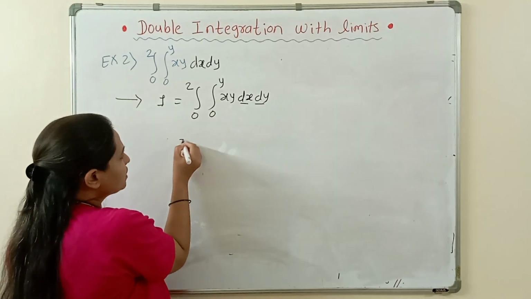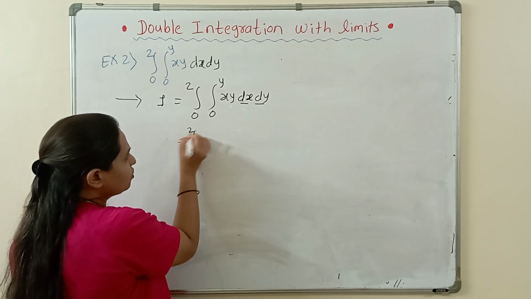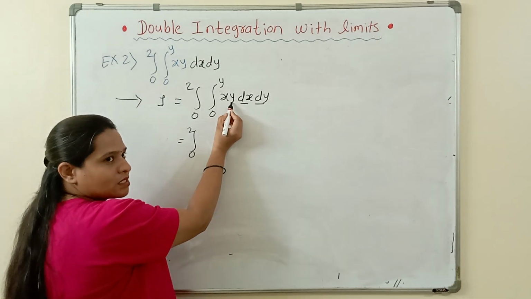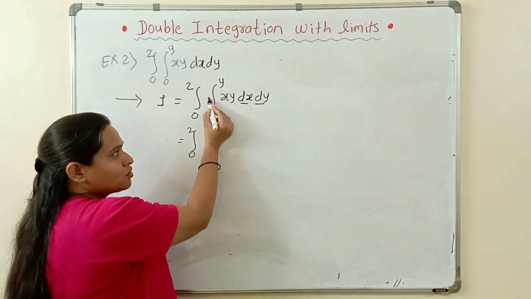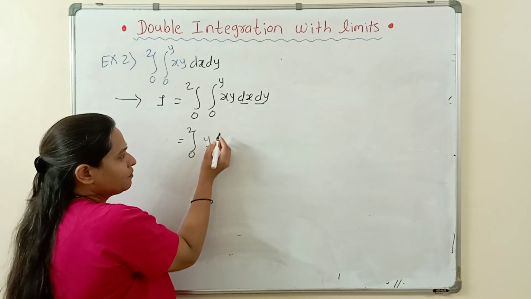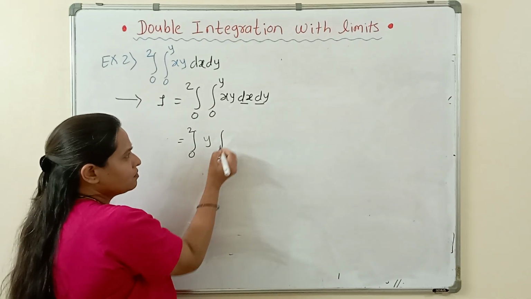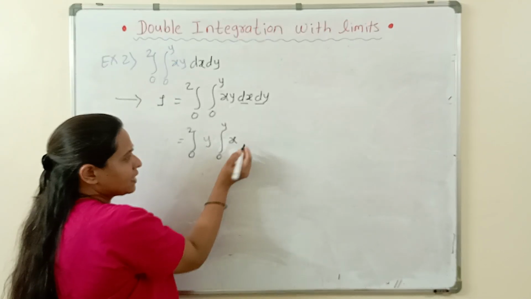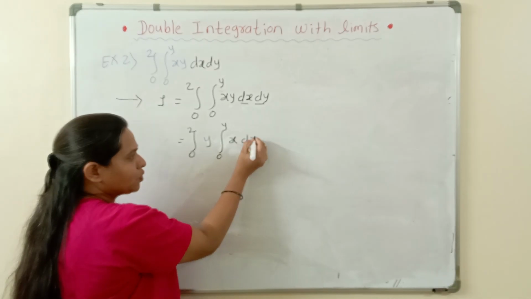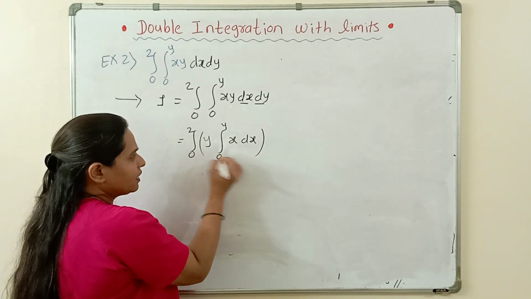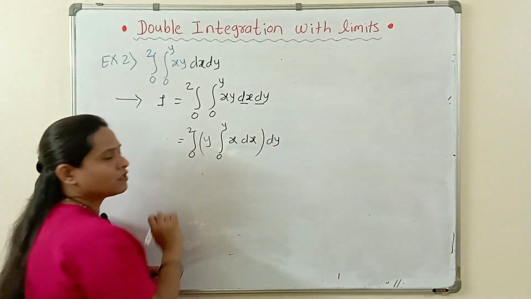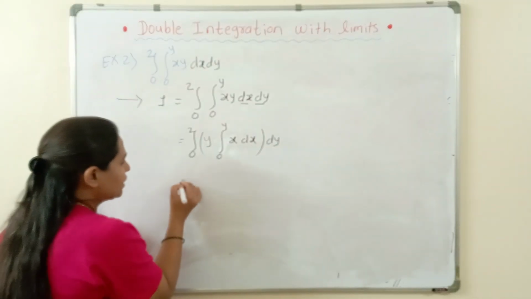Now this will be equal to integration from 0 to 2. Since y is a constant, we can take it outside of the integration. So it will be y, then the remaining is only integration from 0 to y of x, and that x we have to integrate with respect to x, and then whatever we get, we will integrate with respect to y. Okay, now let's proceed.